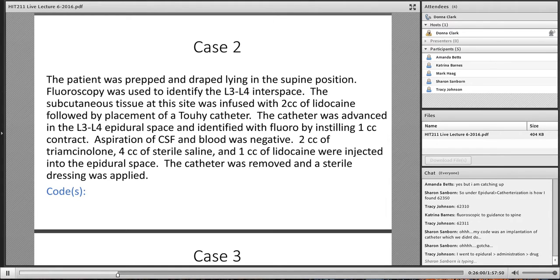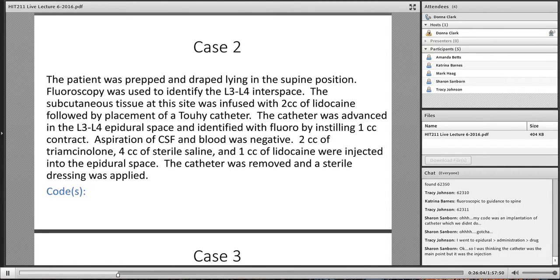You need to apply a modifier, and usually with radiology, the common modifiers are TC for technical component, or modifier 26 for the professional component. So here you're going to need modifier 26.